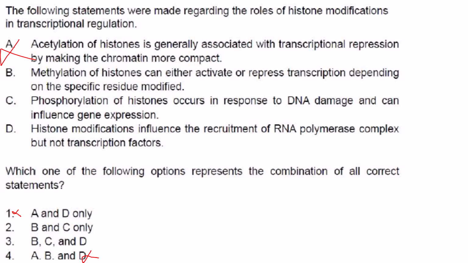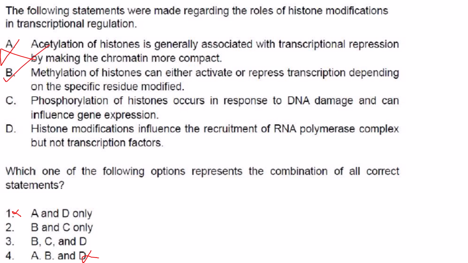If methylation is on lysine 4 of histone 3, it is associated with transcriptional activation. For the same histone 3, if we methylate lysine 9 and or lysine 27, then it is associated with transcriptional repression.